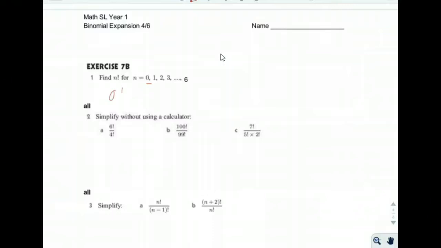So 0 factorial, remember, is 1. 1 factorial is also 1. 2 factorial is 2 times 1, which is just 2. 3 factorial is 3 times 2 times 1, which is 6. 4 factorial would be just 3 factorial times 4, which is 24. 5 factorial would be 5 times 4 factorial, which would be 120. And then 6 factorial would be 720, like we found above.